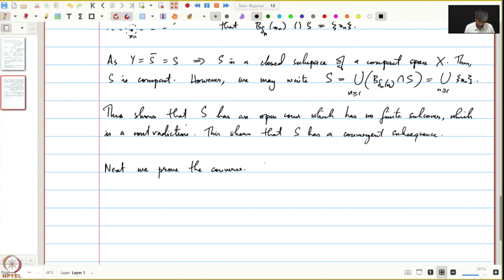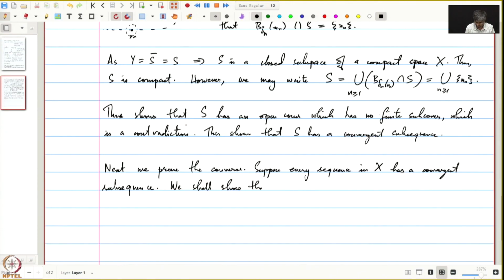So suppose every sequence in X has a convergent subsequence. Yeah. So we shall show that X is compact.